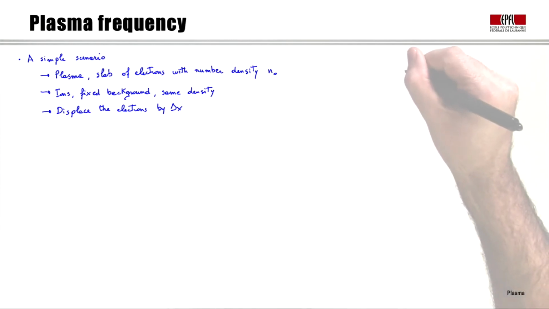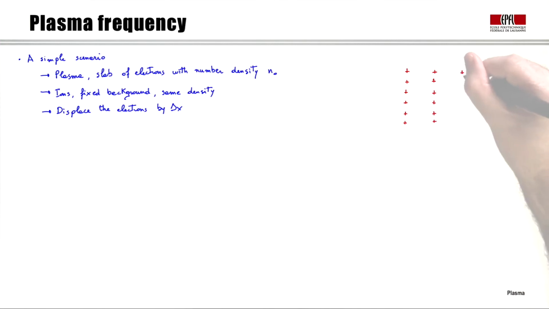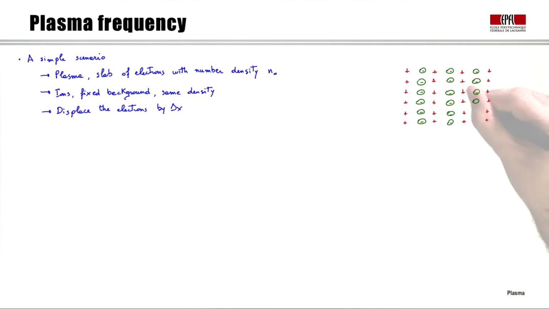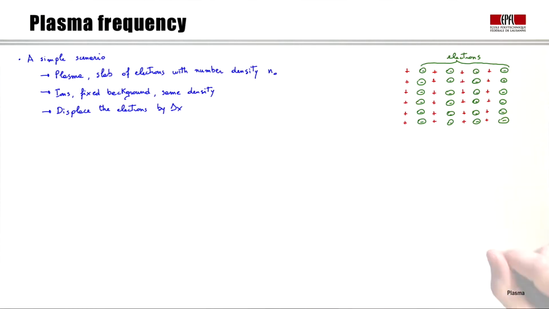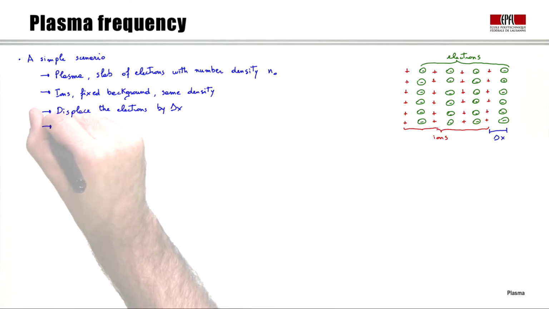So what is the situation here? We have the ions and the electrons, and the electrons have been displaced with respect to the ions by a certain delta x. What we want to evaluate is the frequency of the resulting oscillation.